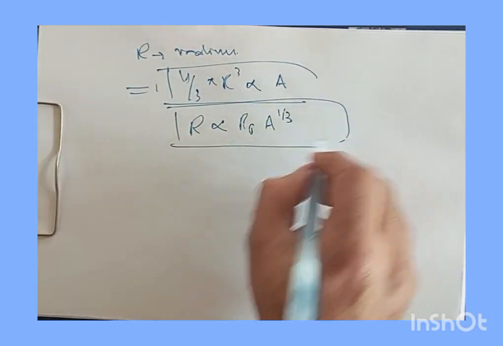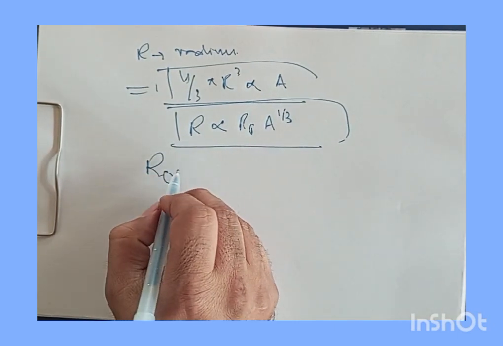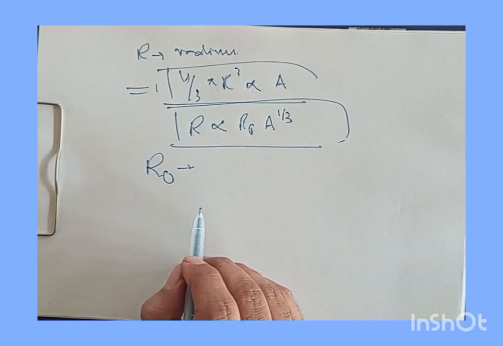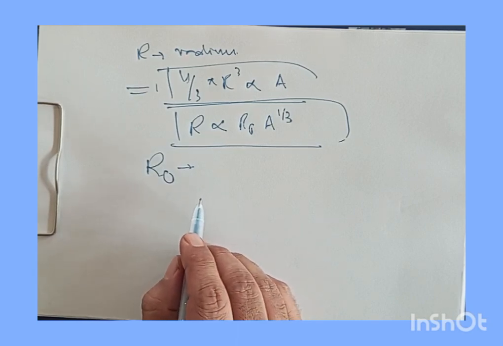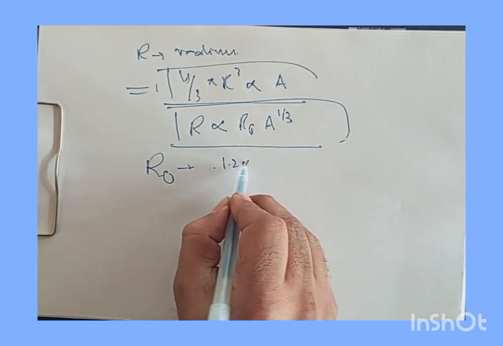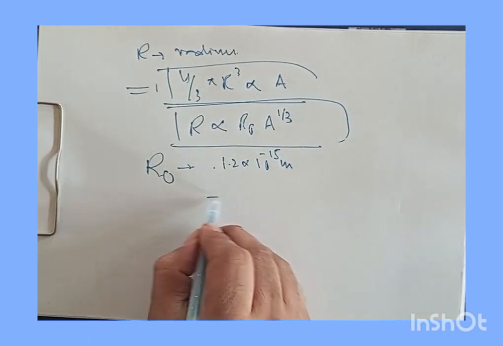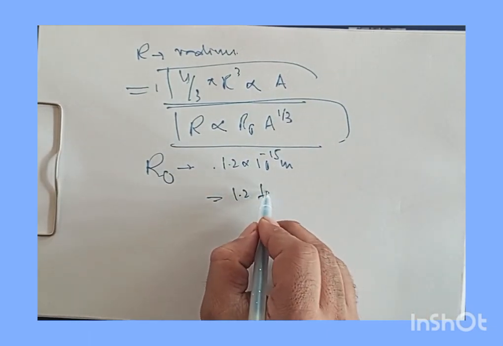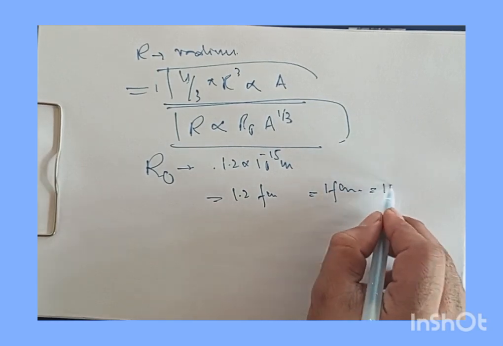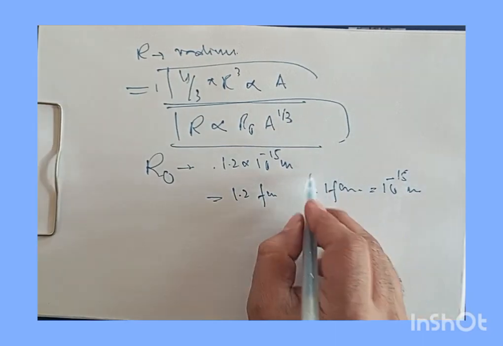Now this r naught is an empirical constant for all nuclei, and its value is found to be 1.2 times 10 to the power of minus 15 meters. We can say it is 1.2 Fermi, because 1 Fermi is 10 to the power of minus 15 meters.